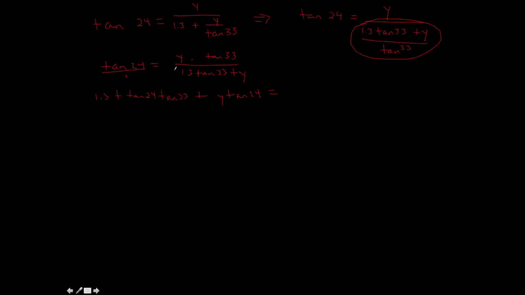Basically, when I took this bottom part and multiplied it times the tangent of 24, I just did the distributive property: tangent of 24 times 1.3 tangent 33, tangent of 24 times y, equals y tangent 33.